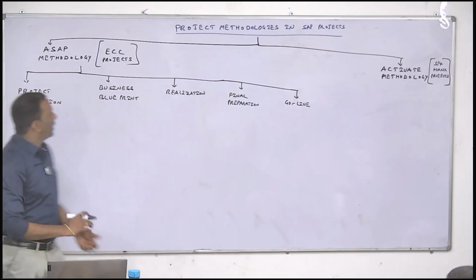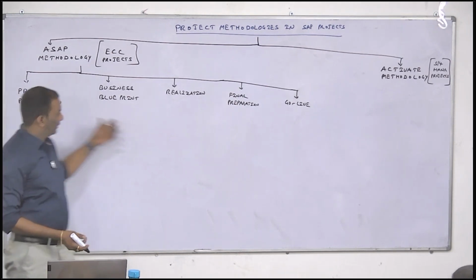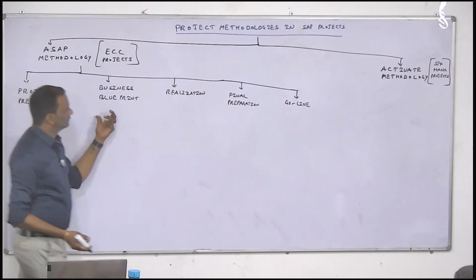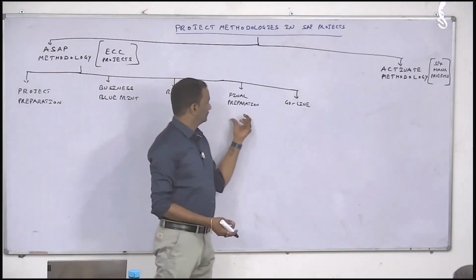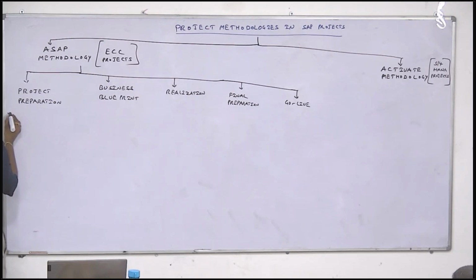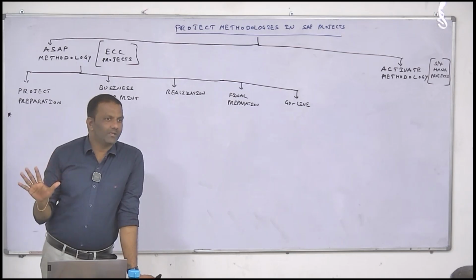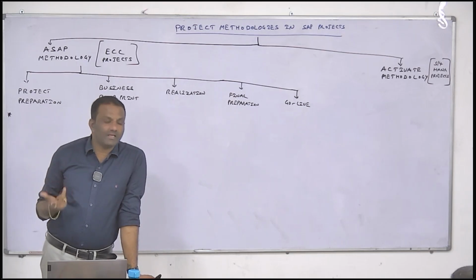Right. So now, in SAP methodology, what are the steps we have? What do we do in project preparation? Normally in this phase, the client has decided to use SAP as their ERP software application.